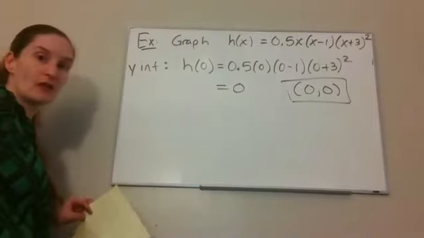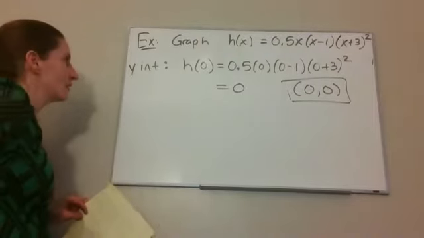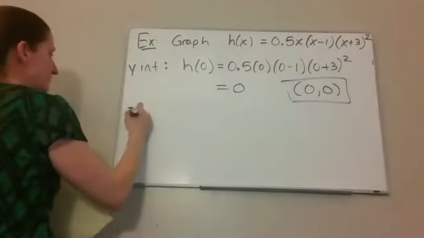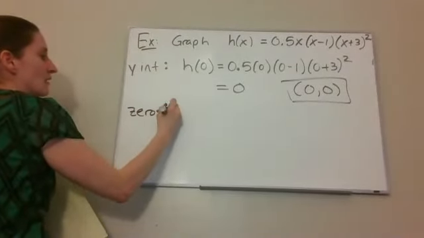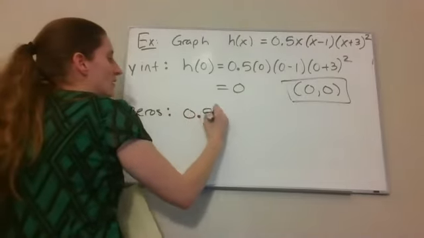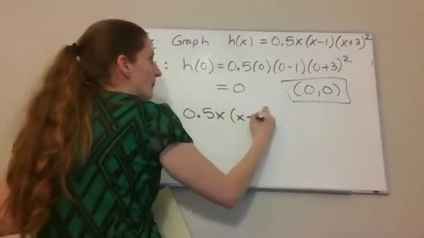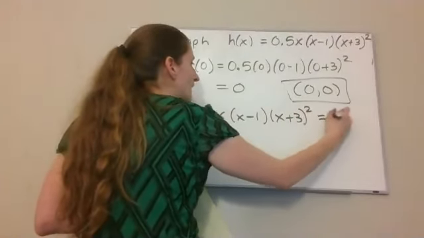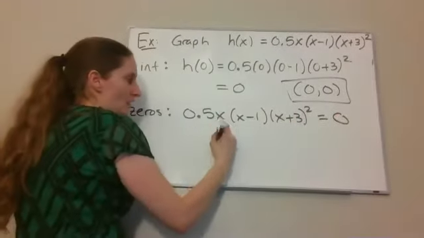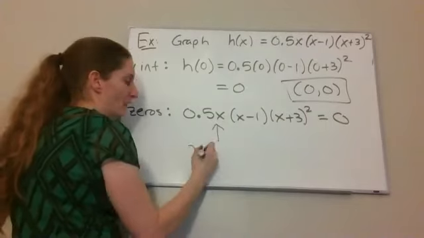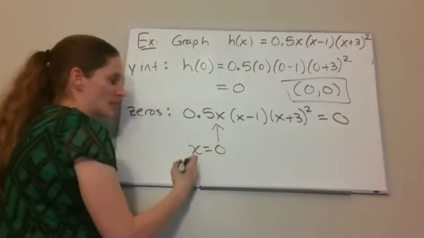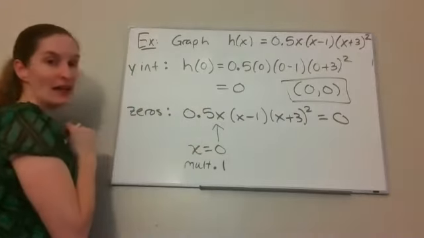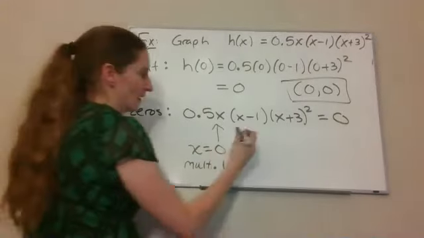Now what about the zeros of the function? The zeros of the function, this is already factored for us, which makes it nice to see. This factor here gives me a 0 of x equals 0 with multiplicity 1 because it doesn't have any exponents on it.